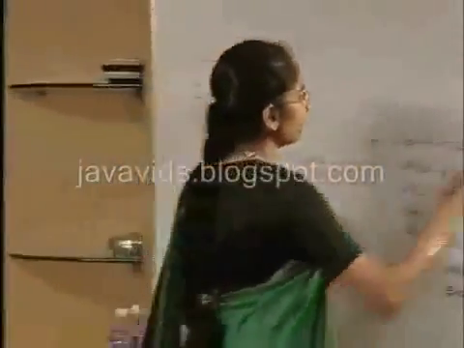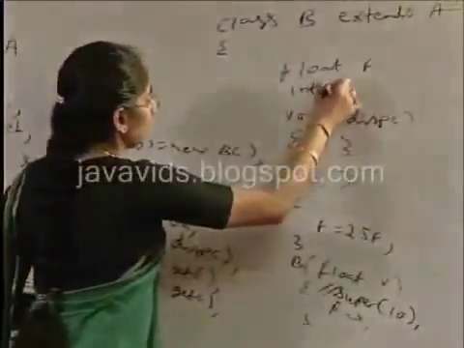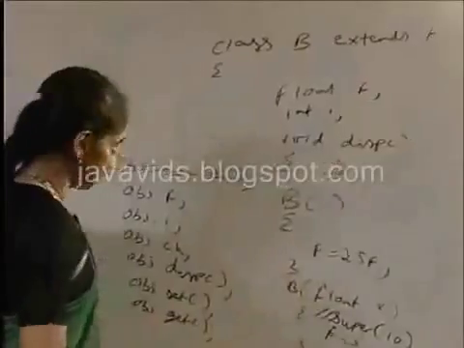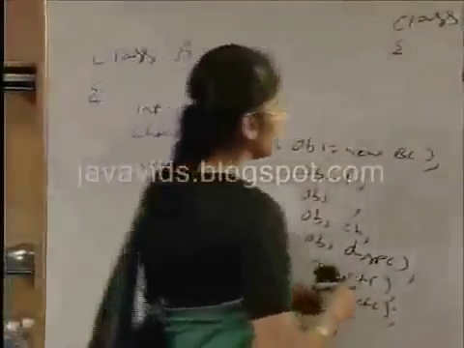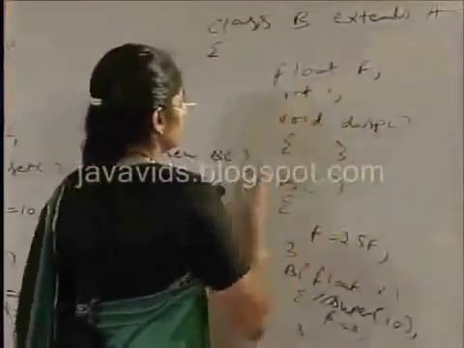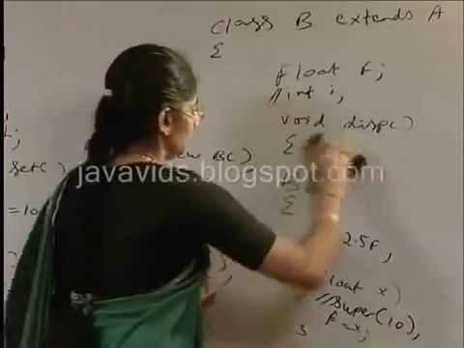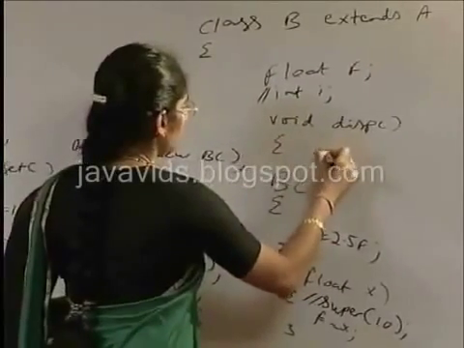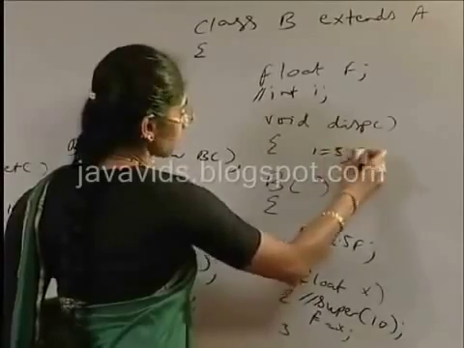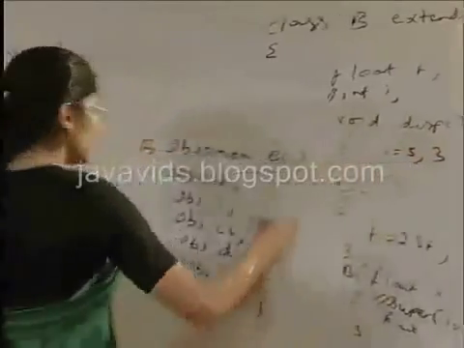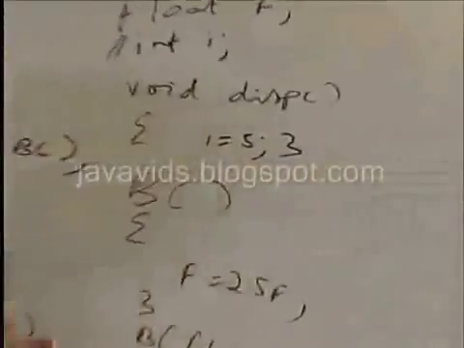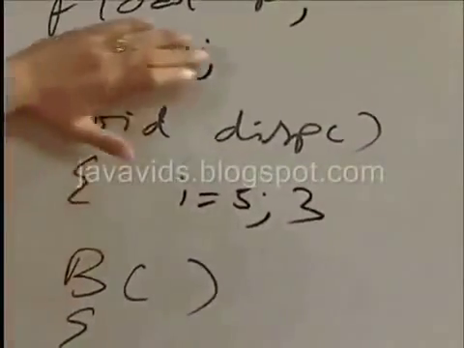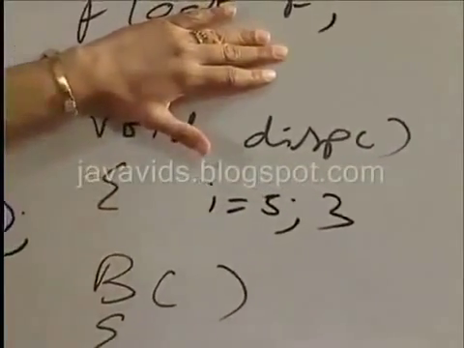Now let's assume that we have int i in the child class as well. Now just before that, let's say in the disp method, if I were to say i is equal to 5, which i are we talking about out here? Previously we did not have this particular i in the child.